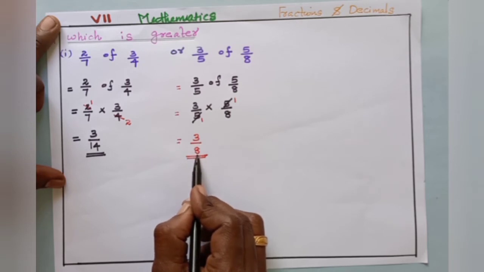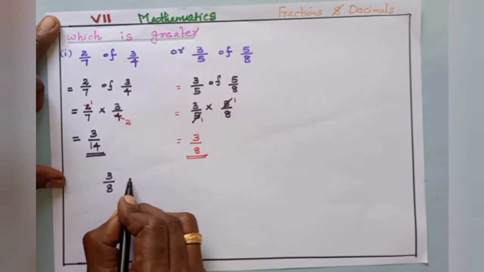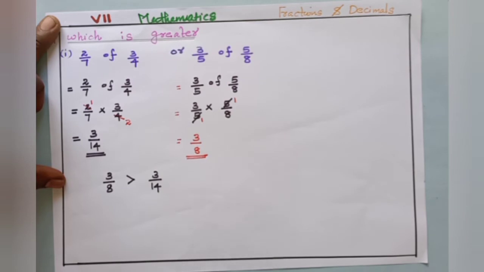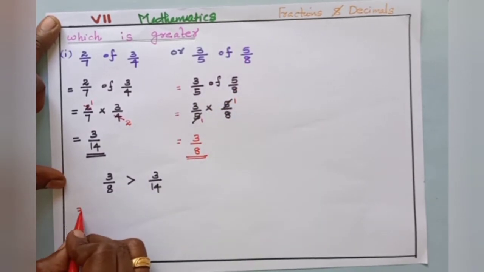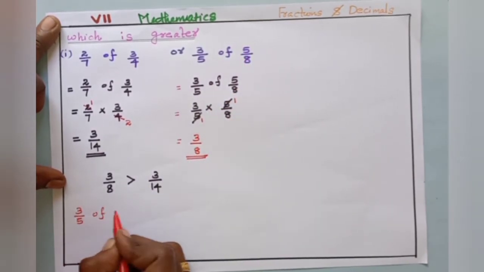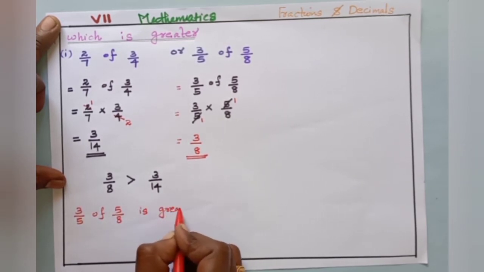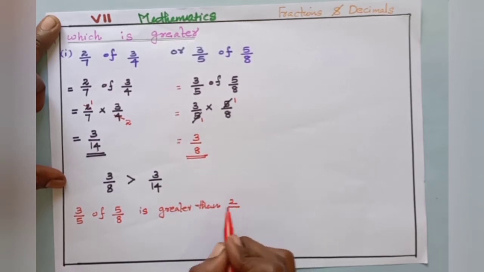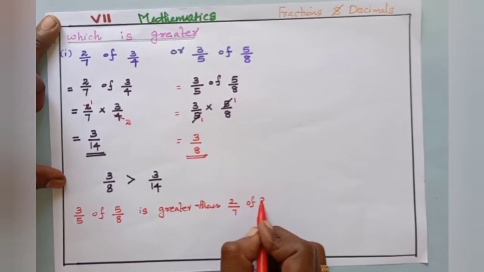So this is the smaller denominator. That means 3 by 8 is greater than 3 by 14. So 3 by 5 of 5 by 8 is greater than 3 by 14, that is 2 by 7 of 3 by 4.